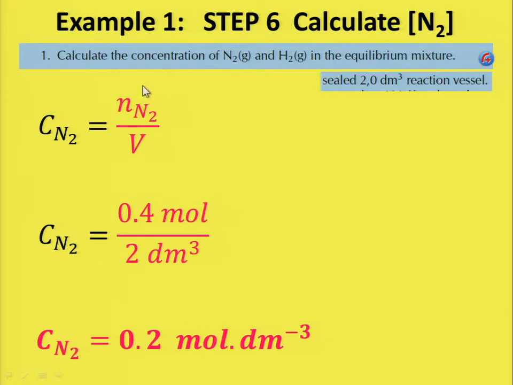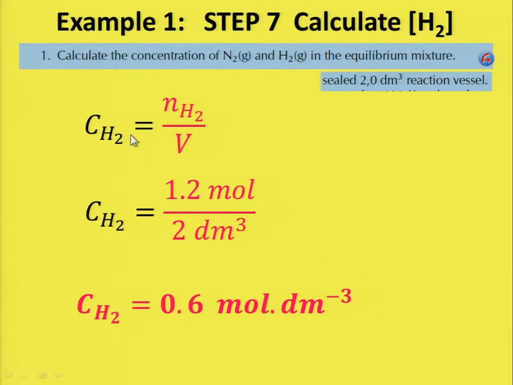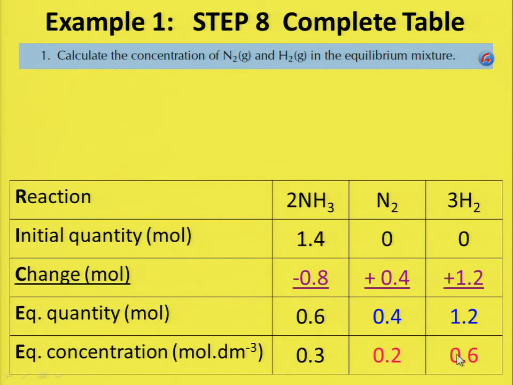Concentration is equal to moles divided by volume. So if you want to calculate the concentration of nitrogen, you take the 0.4 mole divided by 2 cubic decimeters. That gives you 0.2 mole per cubic decimeter. And then for the concentration of hydrogen, you do the same. The moles of hydrogen divided by the volume. 1.2 moles divided by 2 cubic decimeters is then 0.6 moles per cubic decimeter. And then you put those values back into your table and that's your final answer.